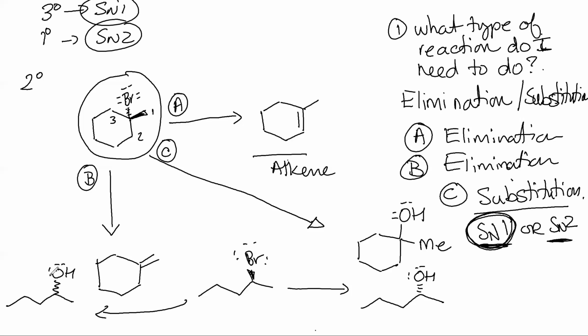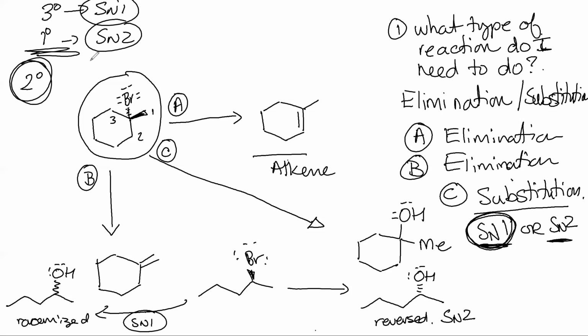If the chiral center has been reversed, then this would be SN2. And if it had been racemized, then it would have to be SN1. But you'd only have to get into the nitty-gritty of this analysis if it's a secondary alkyl halide, because if it's a primary, it's got to be SN2, and if it's a tertiary, it's got to be SN1. So in this case, because it's tertiary, we have to be doing an SN1 reaction.